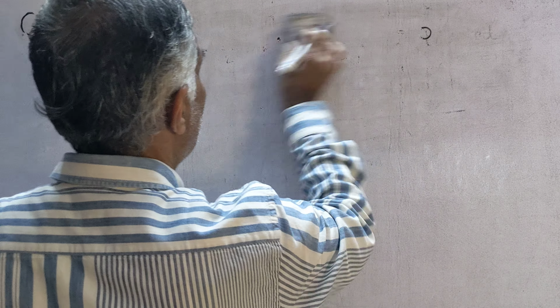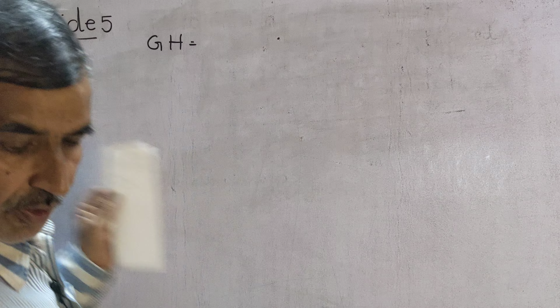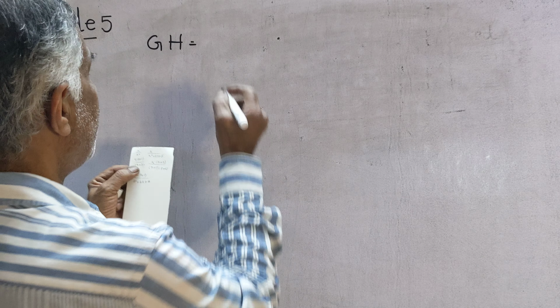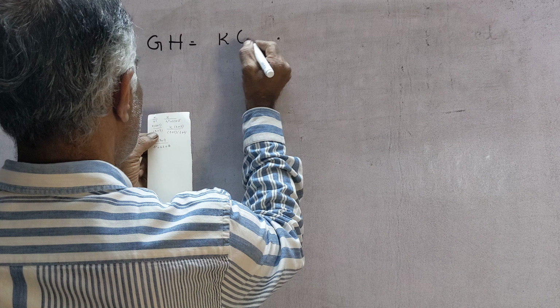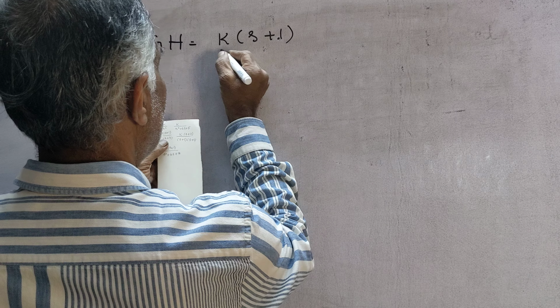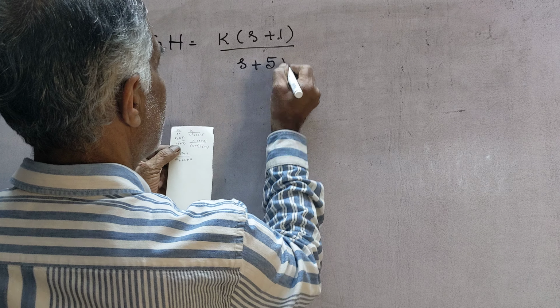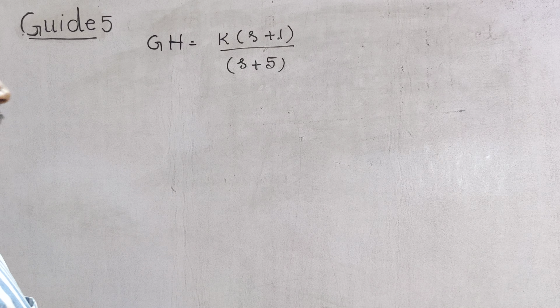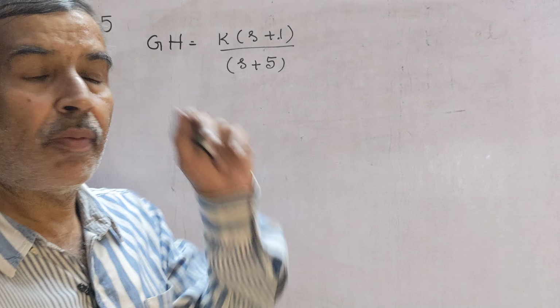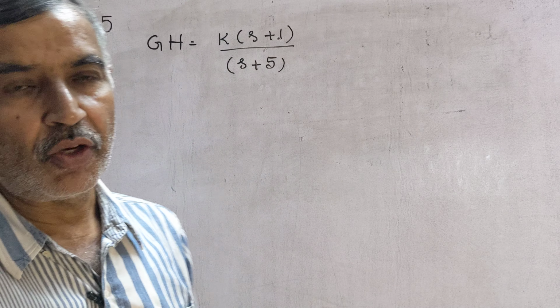Now I will take the next problem. The next problem is G(s)H(s) equals K into S plus 1 divided by S plus 5. Here in this problem there is one pole and one zero.